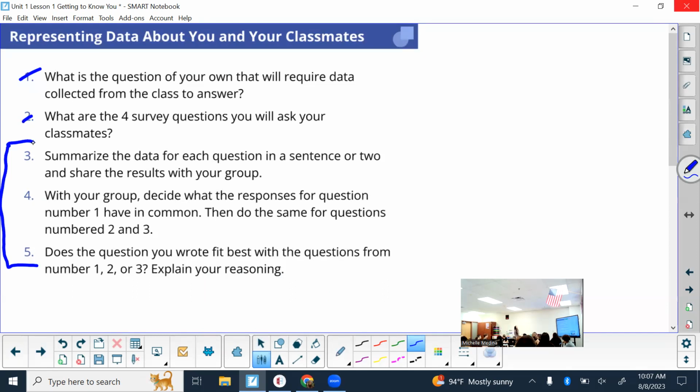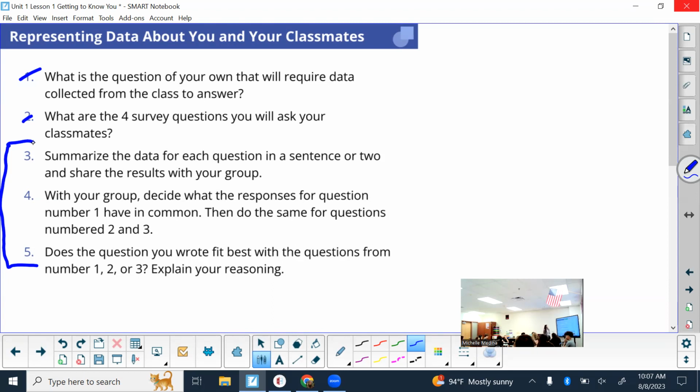So look at your data that you had for each of your questions and summarize it in a sentence. So you could say for number 1, all my answers were about the same number or something along those lines. Basically just look at your data and summarize your responses for the 1, 2, 3, 4.